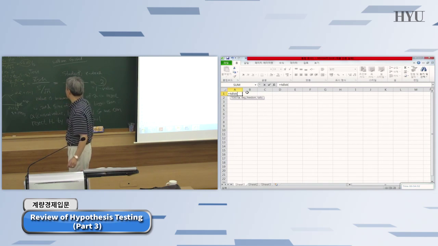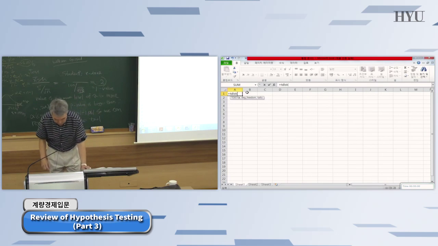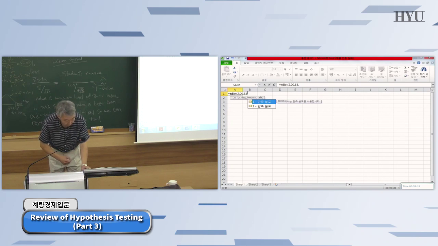Say in this example, your test statistic came out to be -2, right? So you can say 2.0. It doesn't matter whether it's negative 2 or 2.0 because it's symmetric, right? 2.00, comma, and degrees of freedom 63, comma, and the last parameter here is tails.